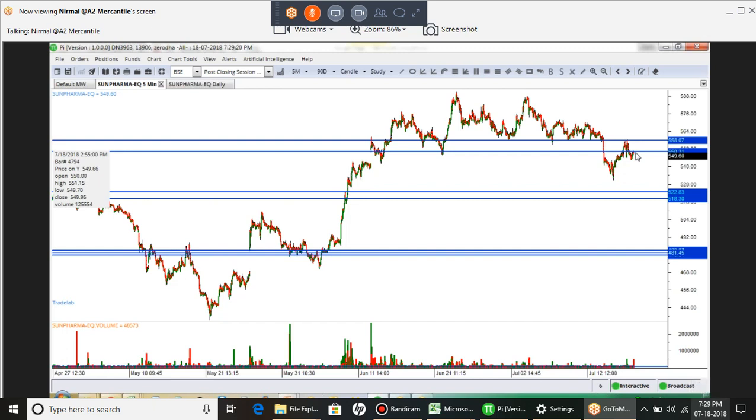Now, tell me, on your analysis of sectors, what is the sector indicating? Bearish, correct? So the sector is indicating bearish, and you can see this was the last time it broke out.